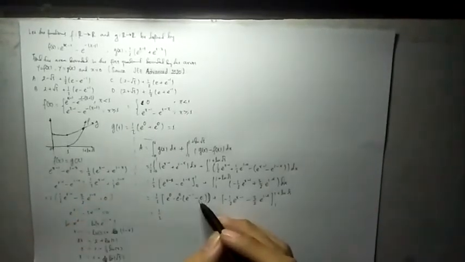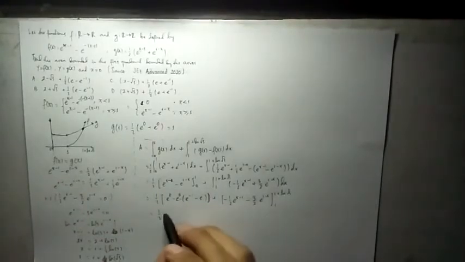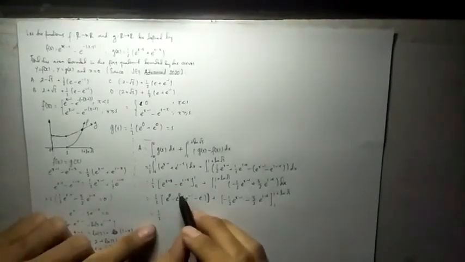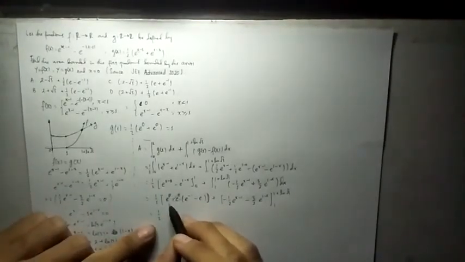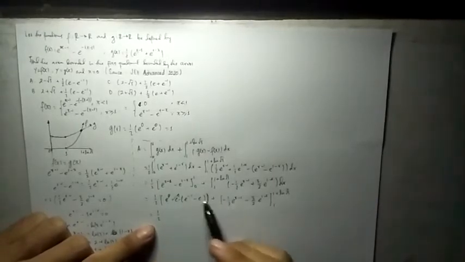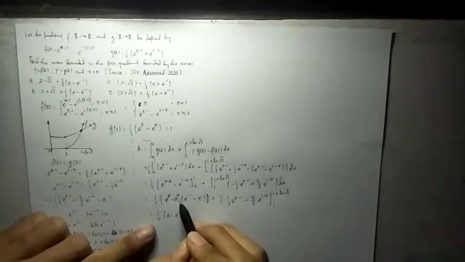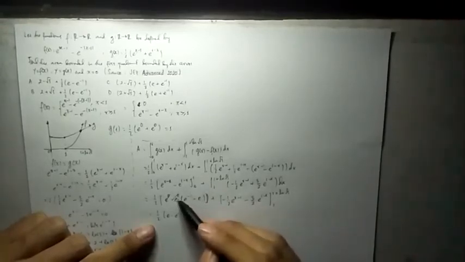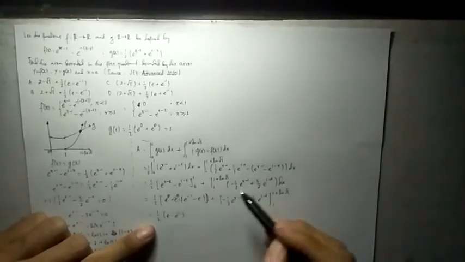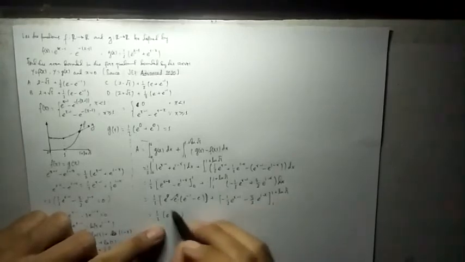Now this one equals 1/2 times this one is 0, 1 minus 1 is 0, right? So this one e minus e inverse. Now you distribute the multiply by negative right here. So you got this.